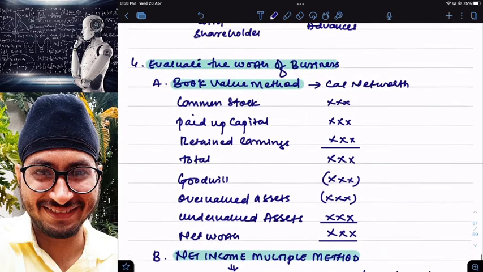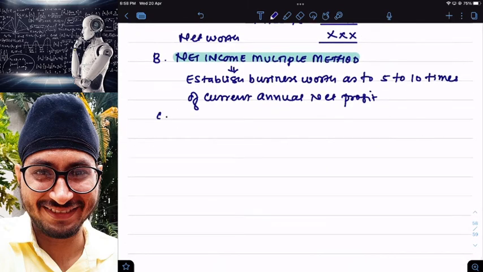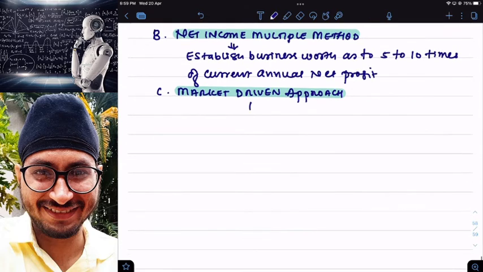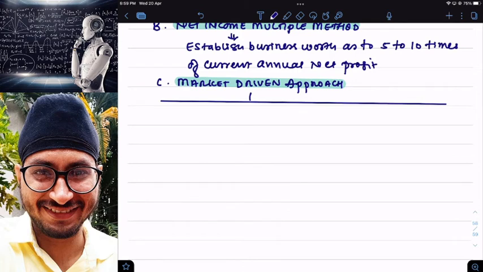And then we have the last one, the market value method. The third one is the market driven approach. In the market driven approach we have three parts. First is the production method.